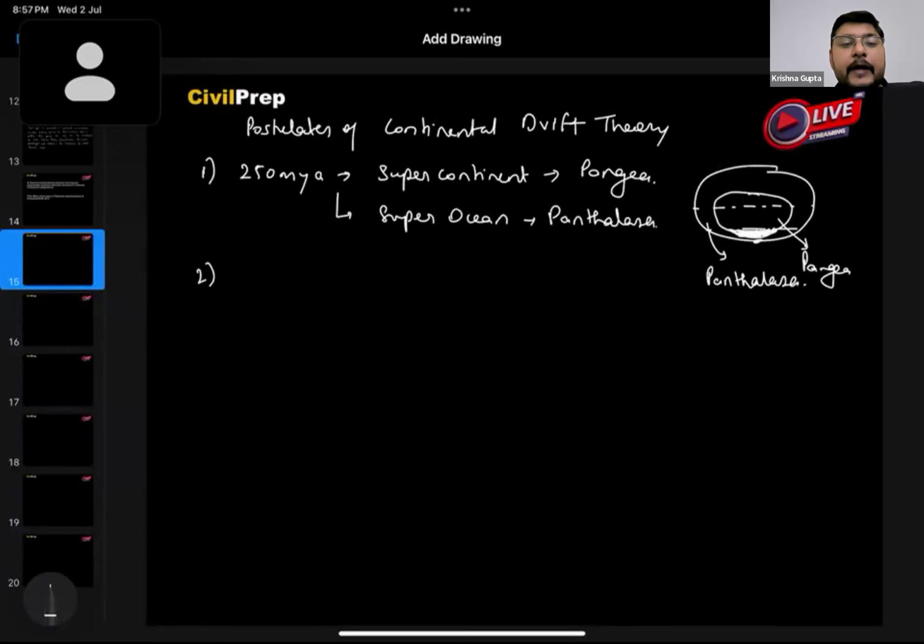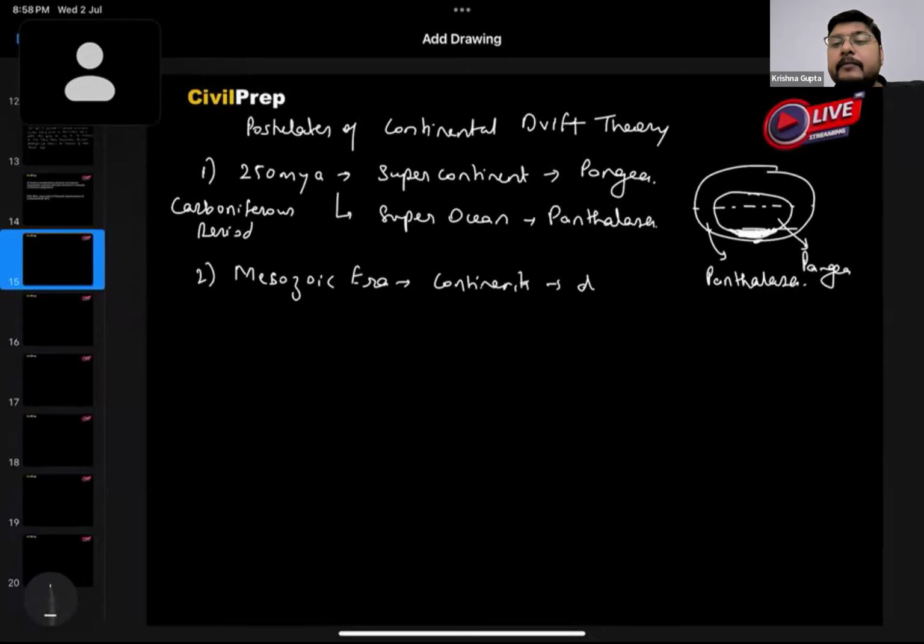Now, in the second part, he has provided the Mesozoic era. This is the Carboniferous period. And during the Mesozoic era, these continents started drifting, due to which the breakup of continents occurred.